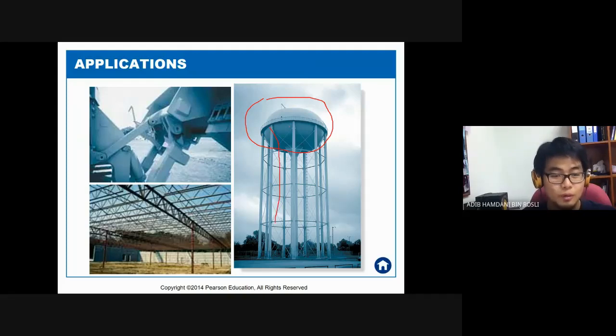Basically you need to put a couple of columns, one, two, for instance, with various end conditions like these. This is how engineers design the support for this water tank.